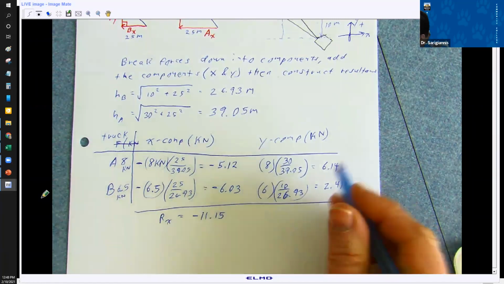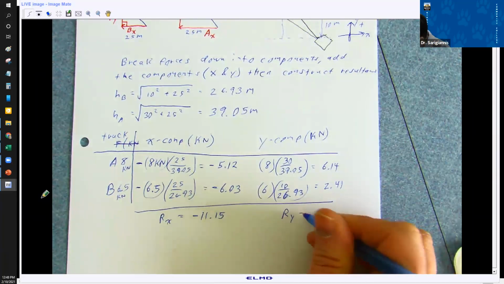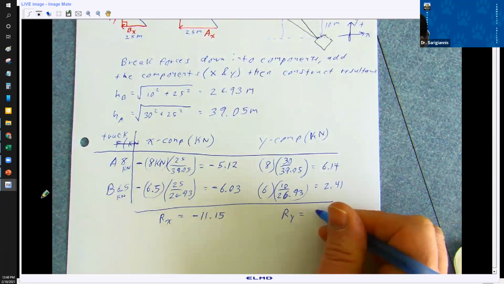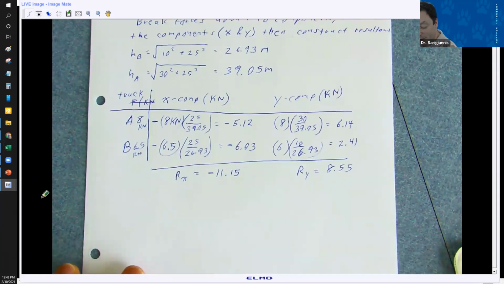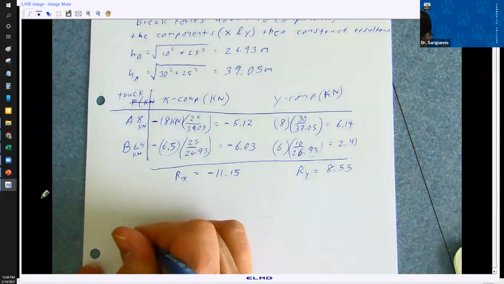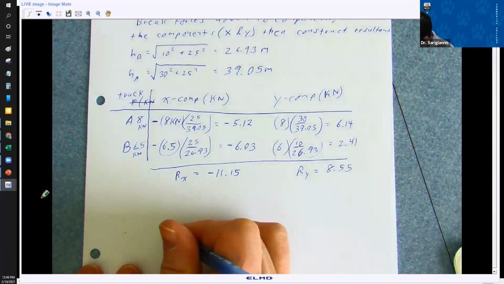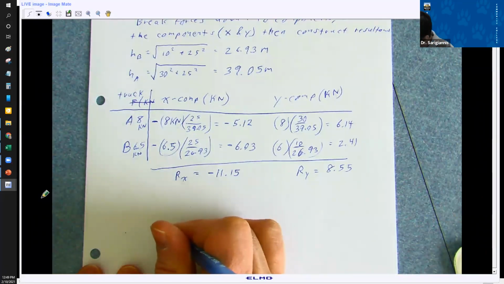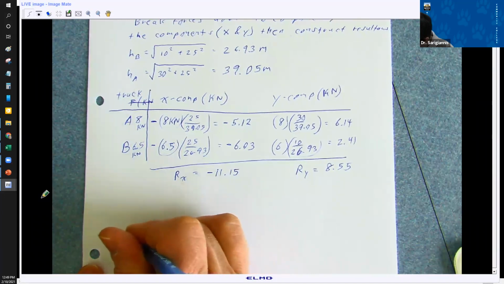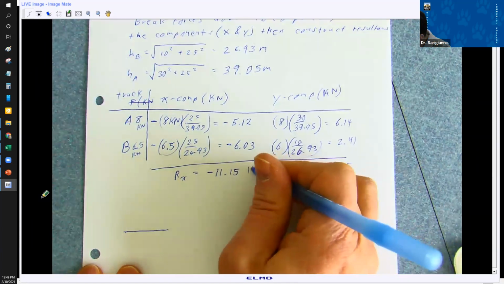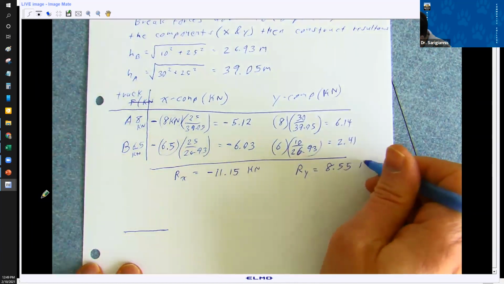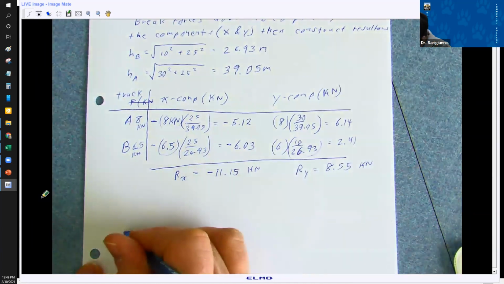And in the Y direction, we've got a resultant as a positive 8.55. So I'm going to draw this out. I've got negative 11.15. Oh, let's put some units on this, kilonewtons.